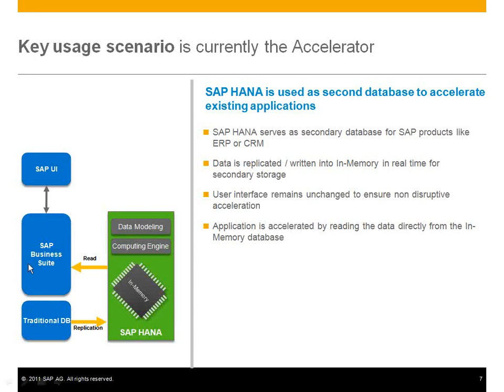The accelerator here takes data that's processed in the Business Suite and posts it to the traditional database and replicates it onto HANA. So first of all, you can enable HANA-based reporting through Business Objects tools, but we also have, as part of the accelerators, a capability to read data from HANA instead of the traditional database. So any kind of reports sitting on the Business Suite side, as well as processes, can be accelerated.